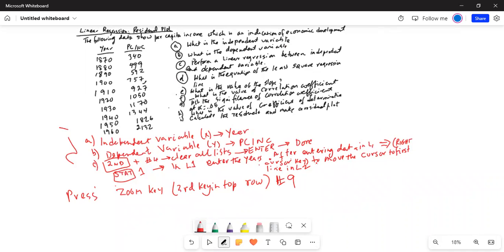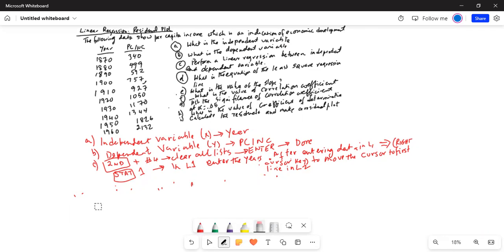So let me erase this, just to be sure. I have to erase this also. So after we have entered the data in L1 and L2, then what we press is second y equal to.